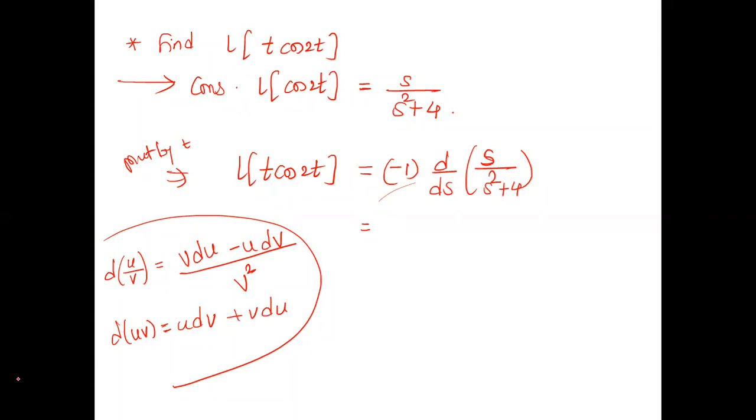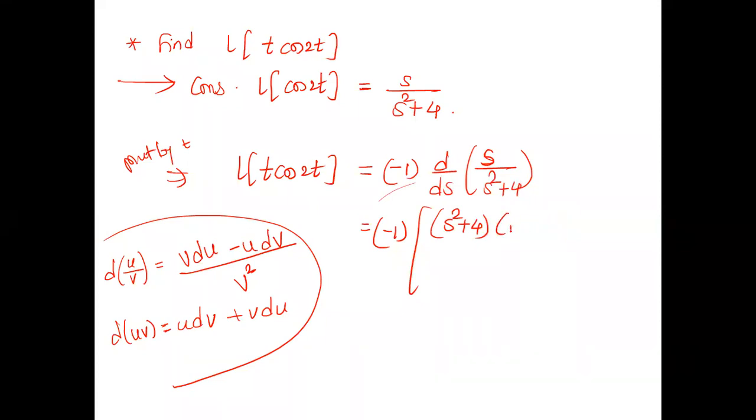Correct. These are the formulae. Please remember the formula. So yes, there are two functions. So minus 1 as it is, derivative of u by v. So it is v into derivative of u. What is the derivative of s with respect to s?